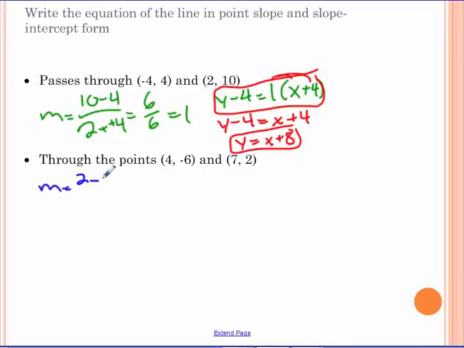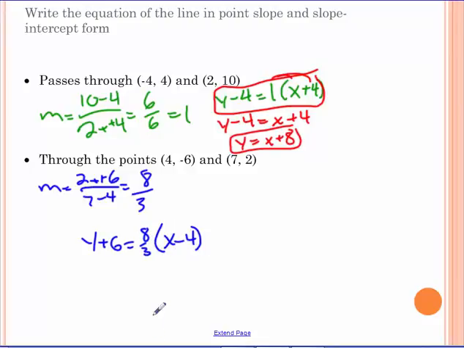We got 2 minus negative 6 over 7 minus 4. Minus a negative is plus, so we get an 8. 7 minus 4 is 3. So we get 8/3. When we write that in point slope form, we get y plus 6, because minus negative 6, equals 8/3 x minus 4.